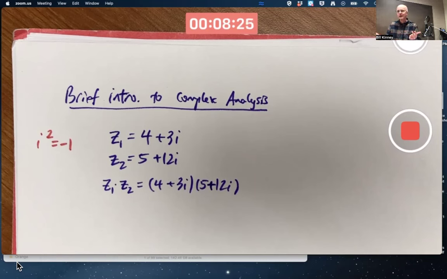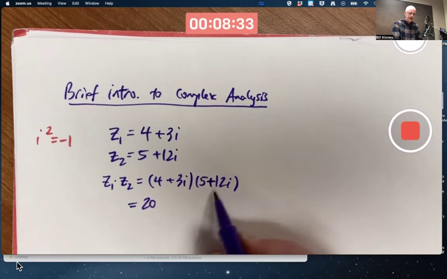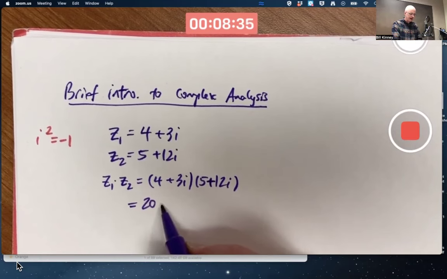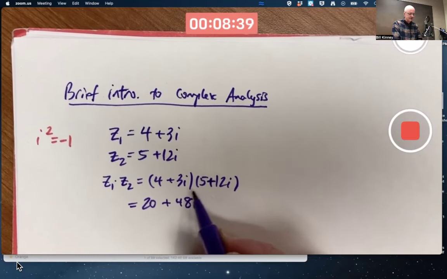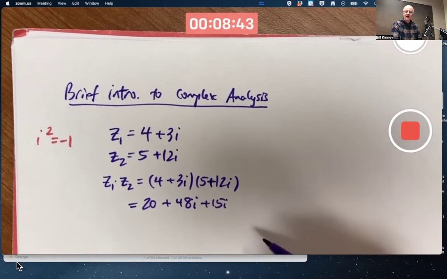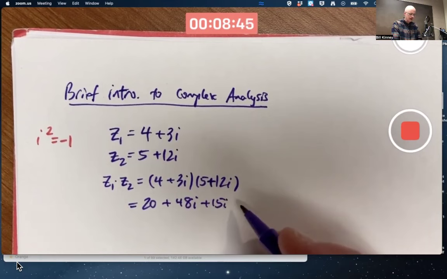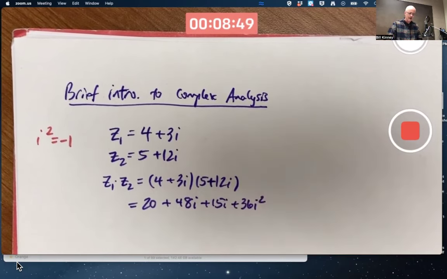You don't assume x squared equals -1 with a polynomial. But FOIL: first times first is 4 times 5 is 20. Outside times outside is 4 times 12i is 48i. Inside times inside is 3i times 5 is plus 15i. And last times last is 3i times 12i is plus 36i squared.